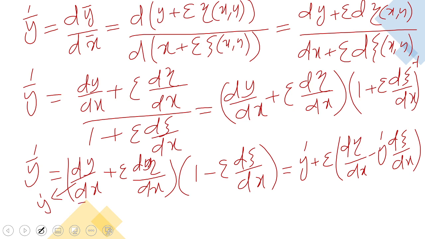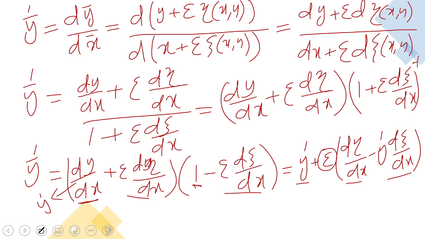So first y dash will be multiplied with 1, so I will get y dash. Then y dash is multiplied with epsilon d xi by dx, so I get this term, and epsilon d eta by dx with 1, I get this one term. So both have epsilon, so I take the epsilon out of the bracket.